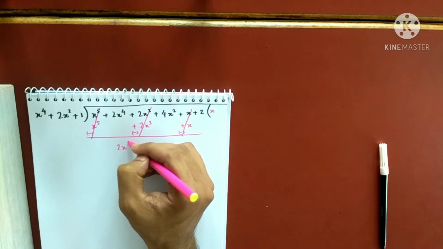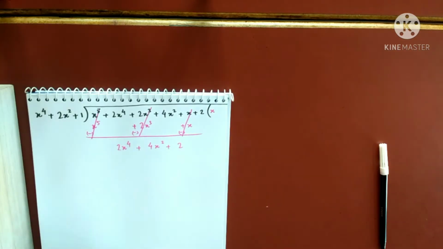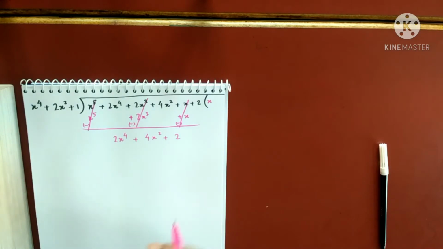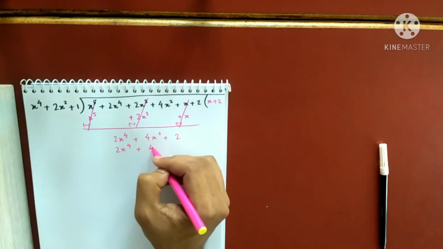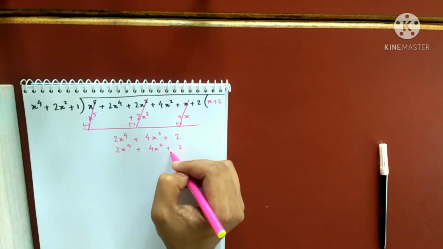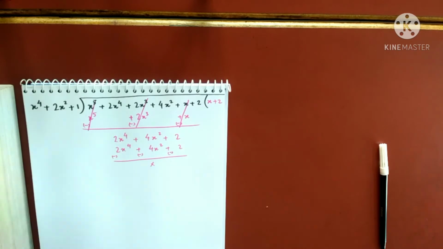What I am getting is 2x to the power 4 plus 4x square plus 2, and this will exactly go by 2. So plus 2, and this will again fully cancel.